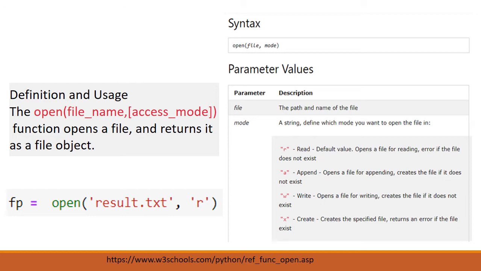This open function returns a file object and we assign it to the variable fp. Notice that there's a variety of different access modes. So we can open a file for reading, we can open a file for appending, which is an a, open a file to write to it, which is w, and open a file x, which is creating the file.